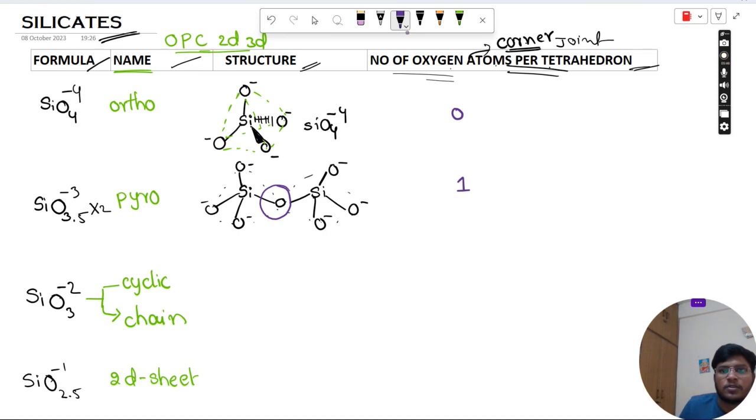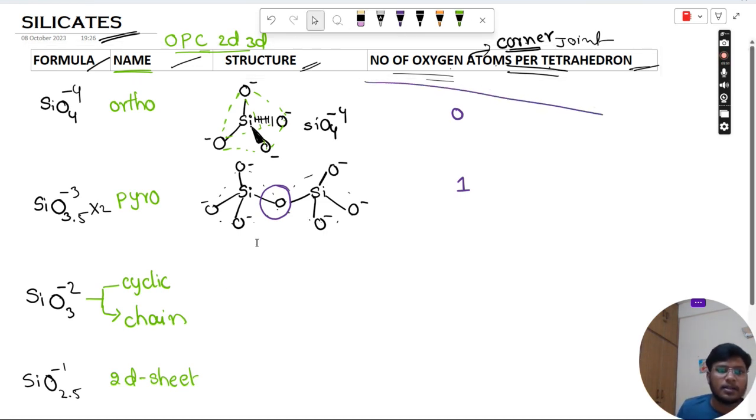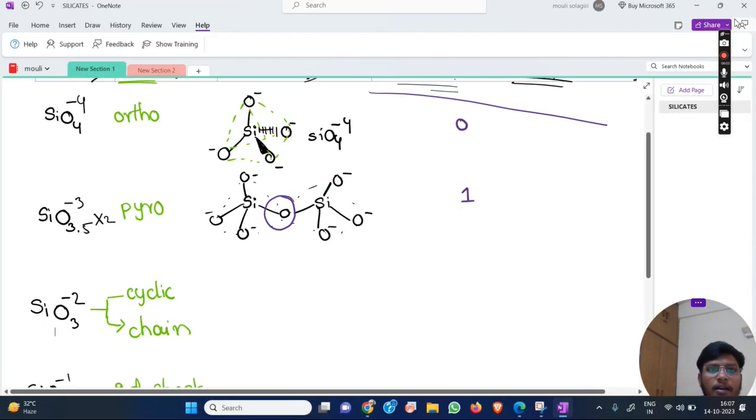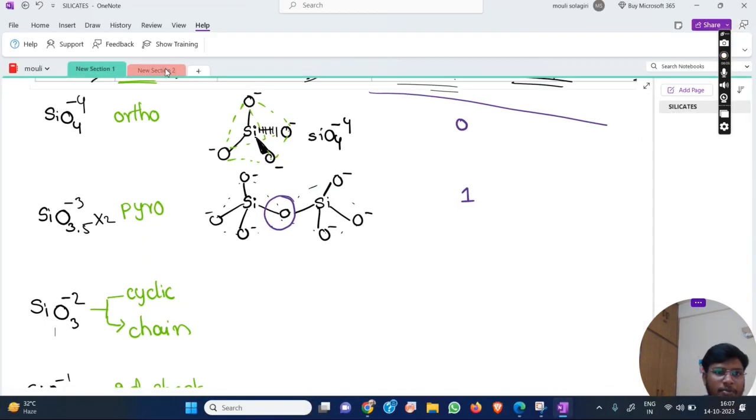Let's remember this, it is the most important. Next, this is the cyclic structure. The formula is the same for both cyclic and chain silicates, only the structure differs. I will show directly to save time.